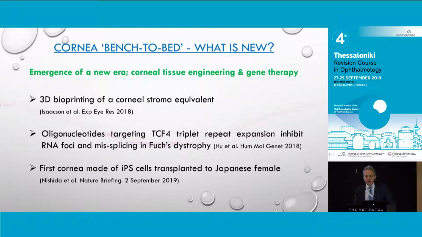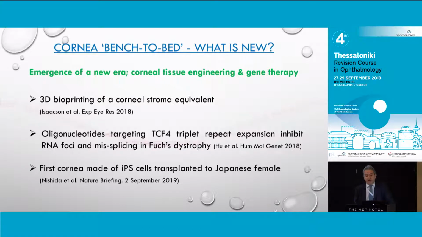They tried to use antisense oligonucleotides targeting this repeat expansion of the gene. This is more difficult to achieve, but also very promising because you rescue the haploinsufficiency of the TCF4 gene, and you have a greater effect, not only in trying to treat the disease, but also prevent the occurrence of the disease.